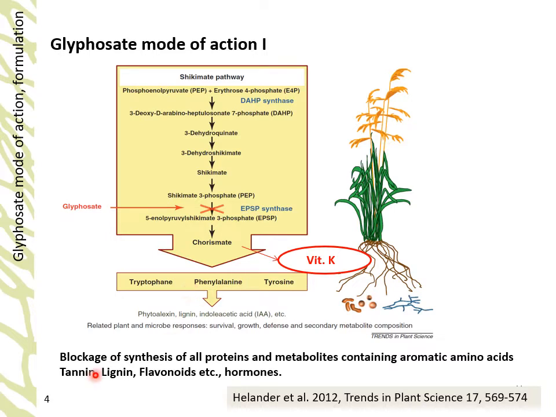Part of it, when we look at plants, is lignin, tannin, flavonoids, but also many hormones are affected by this. This pathway is crucial for plants, bacteria, fungi, protozoa, and algae, which means the product does not only affect plants, but also other organisms.